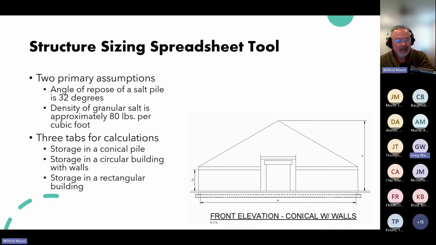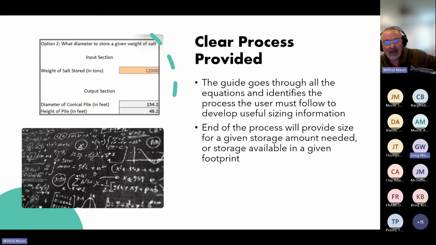We set up the spreadsheet with 3 tabs: storage in a conical pile, storage in a circular building with walls, which that little drawing shows there, and then storage in a rectangular building. And you can go through the tabs and figure these things out.